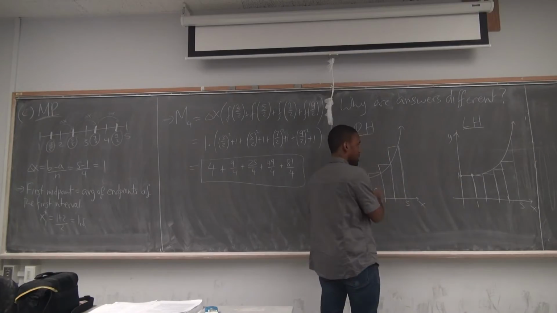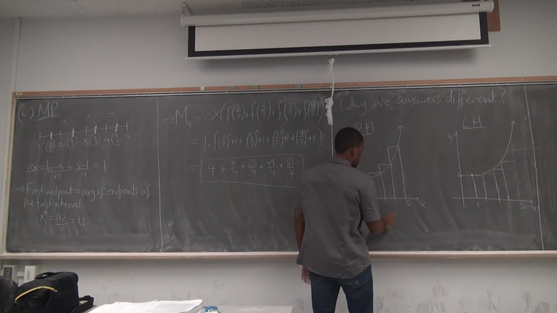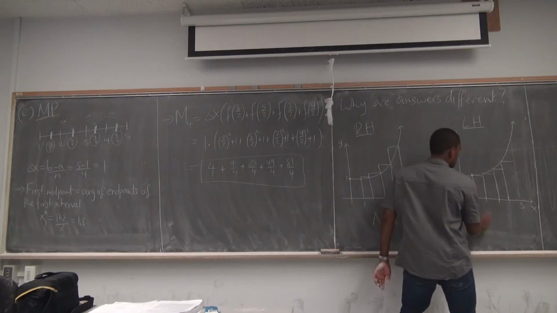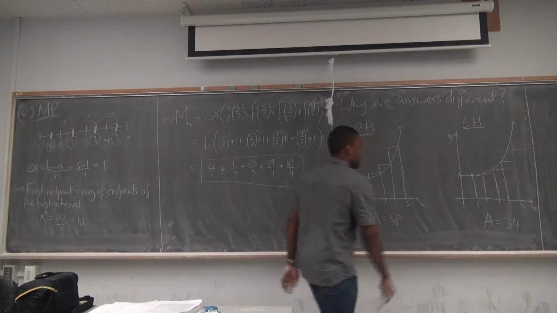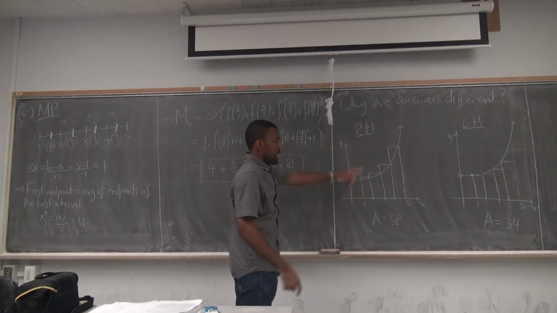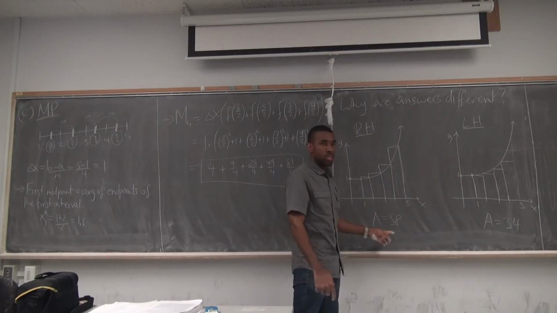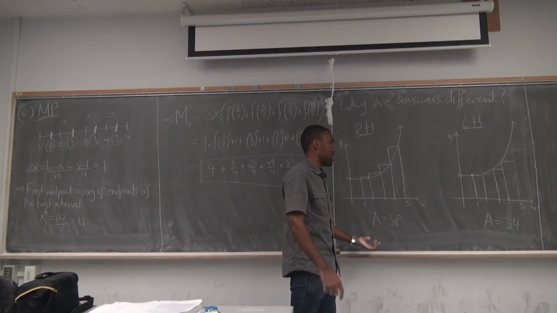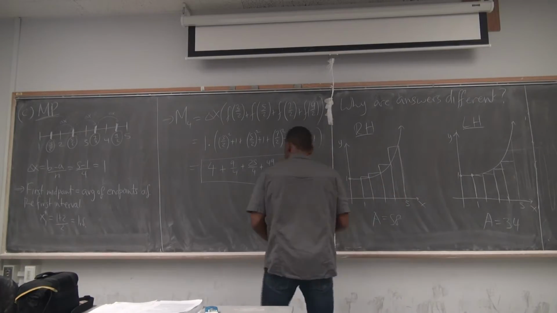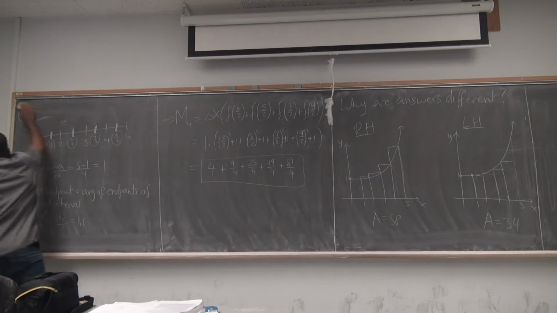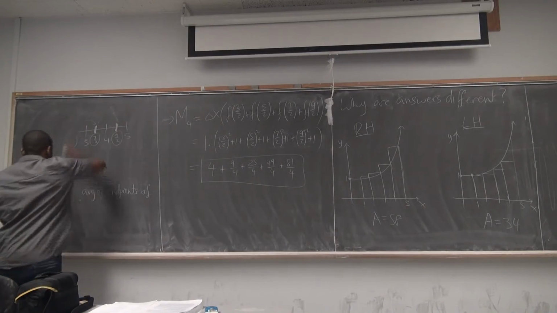The right hand gave us, I think it was 58. The left hand gave us, I think it was 34. Right. So the actual area is somewhere between 34 and 58. I'm not sure exactly what it is, but I know that these are the approximations with 4 intervals. And of course, the midpoint is going to be slightly different.